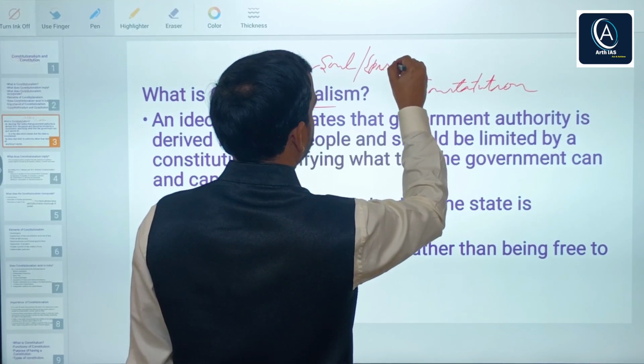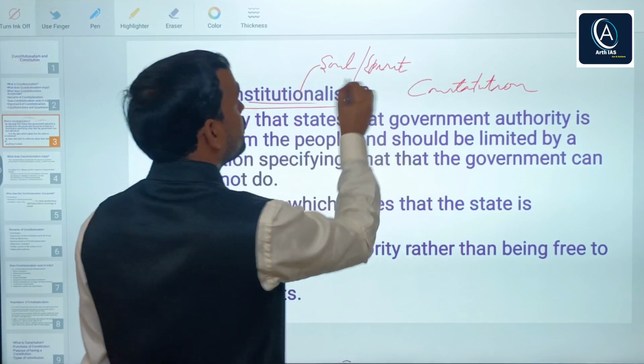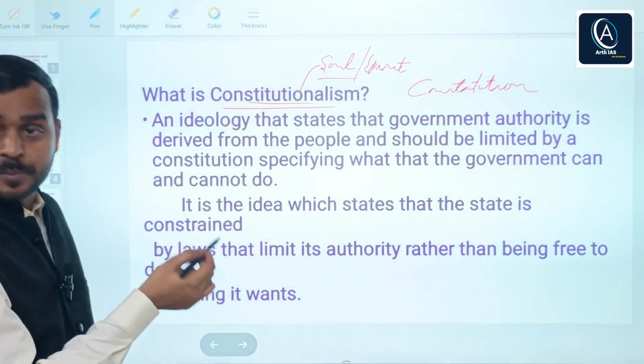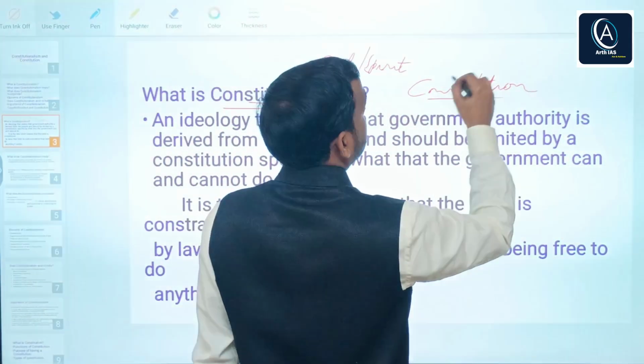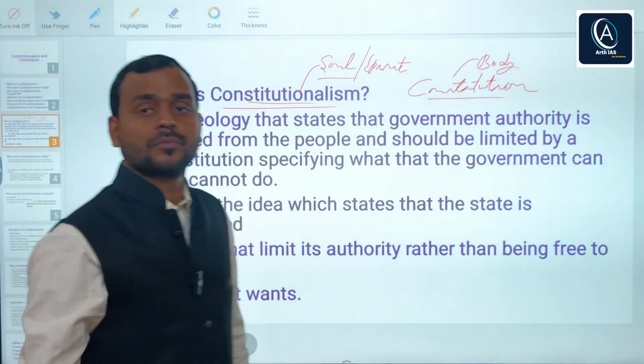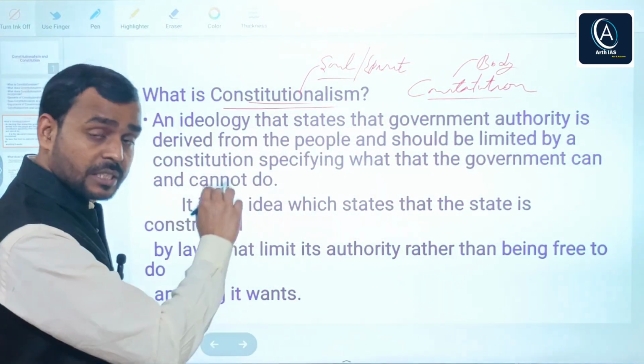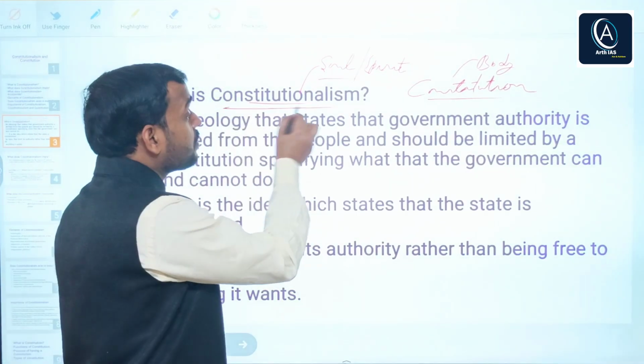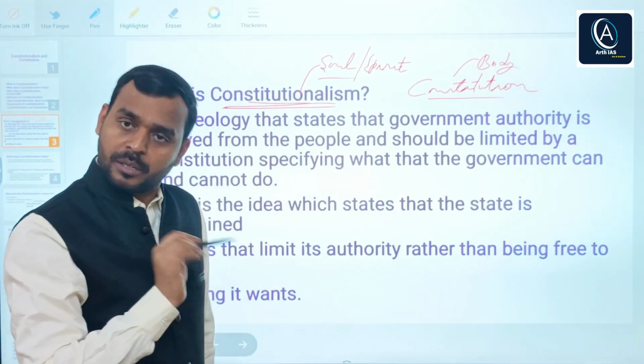If constitutionalism is the soul or spirit, then what is constitution? Body. We can call it the body. So this is the basic difference. First comes constitutionalism, then constitution comes.